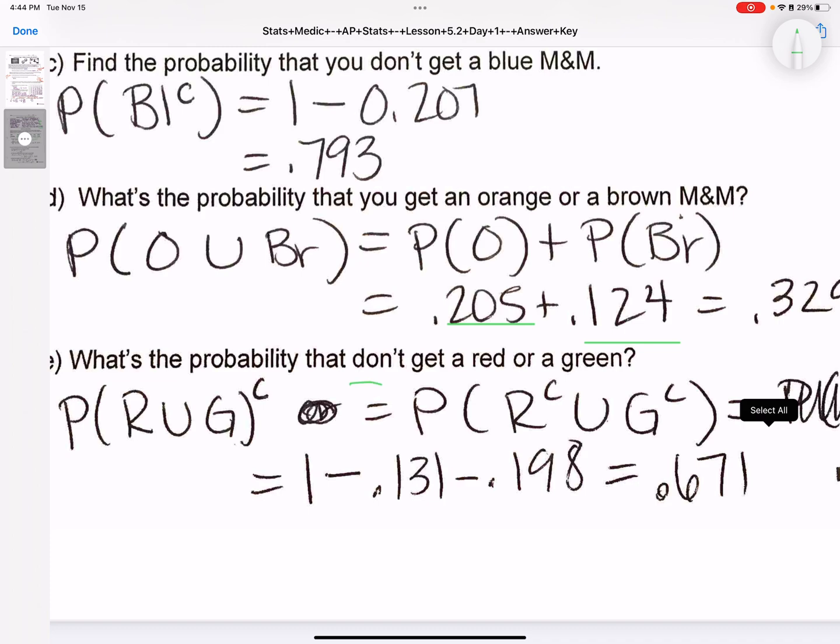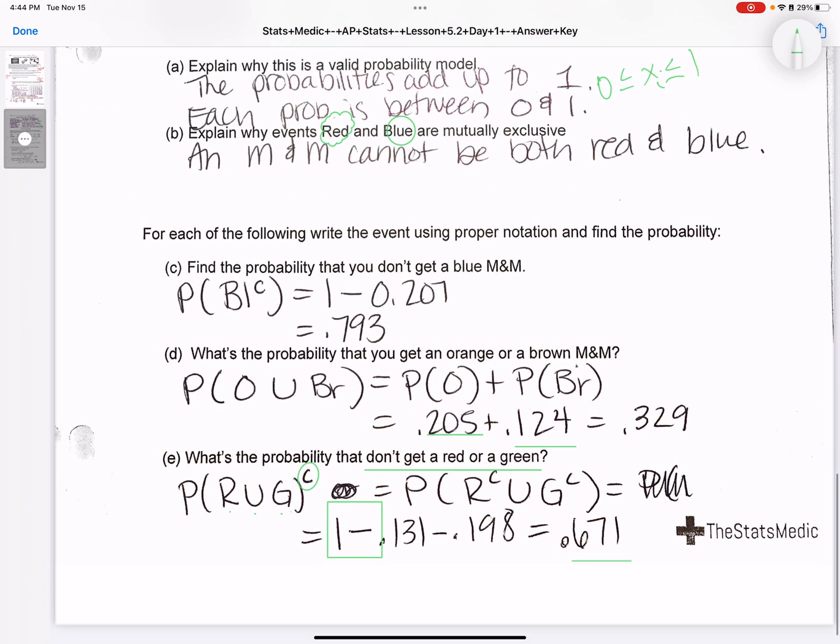The probability I don't get a red or a green: I say red or green, and then don't, so that's the opposite, 1 minus red or green. So I am going to say 1 minus 0.131 minus 0.198. All right, thank you very much.